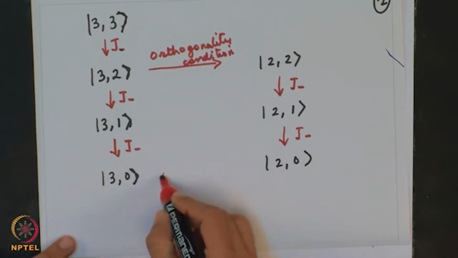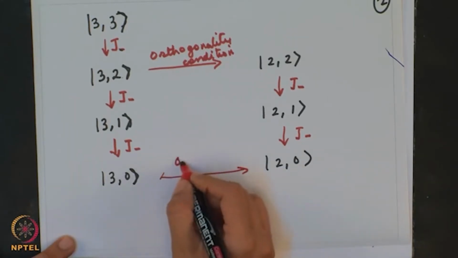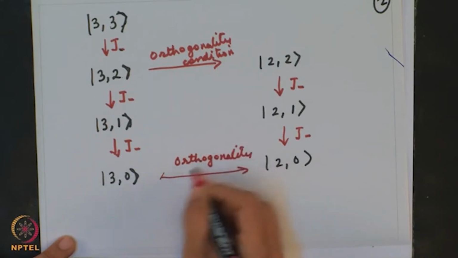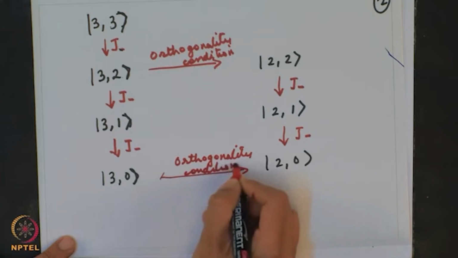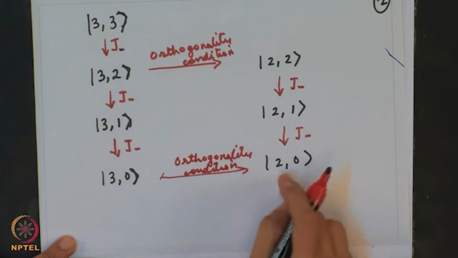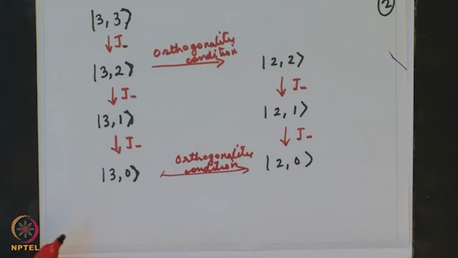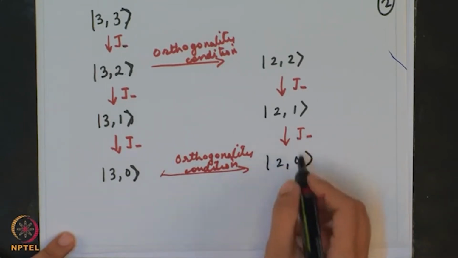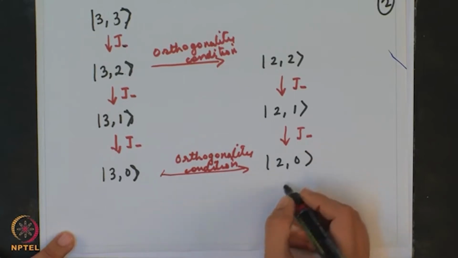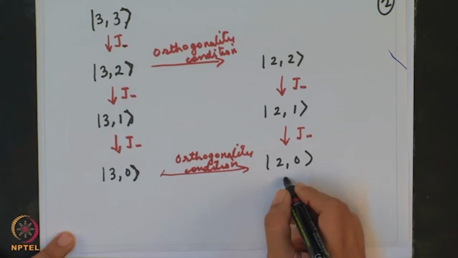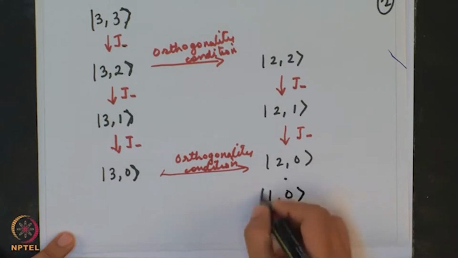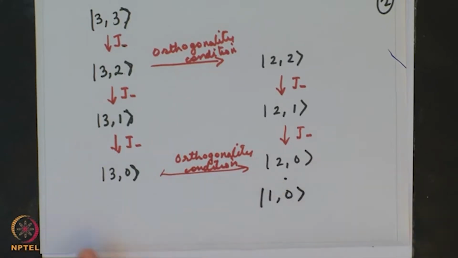In this step again you can apply the orthogonality condition, okay, and go to the next state, which can be obtained from here also, or you can apply the orthogonality condition. On further application of the orthogonality relation you obtain the 1 1 state, okay.